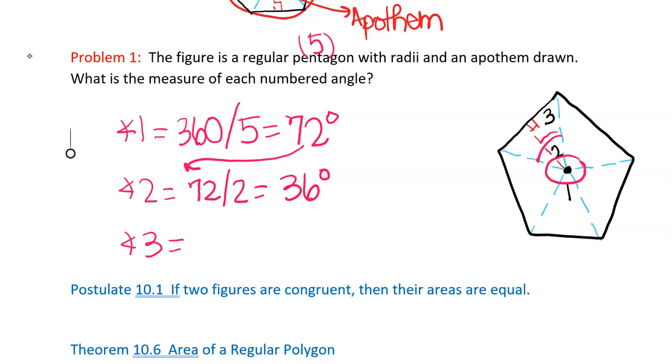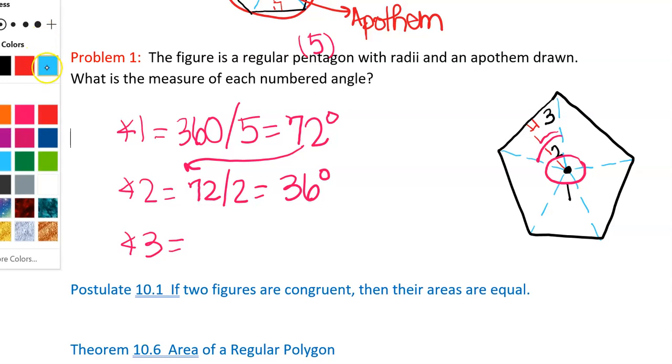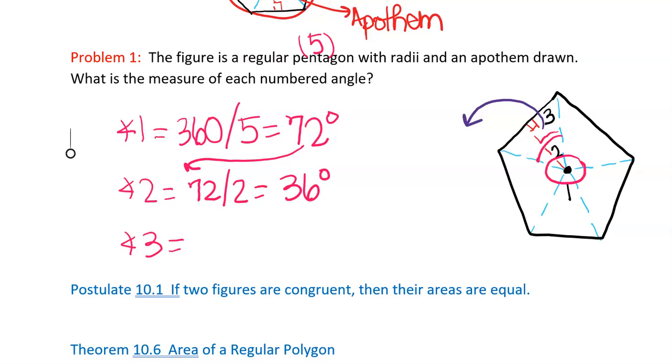For the last one, I'm going to break this out of there. I'll change colors quick. So we have this right triangle here. This angle right there is 36. We're looking at angles of a triangle adding up to 180.